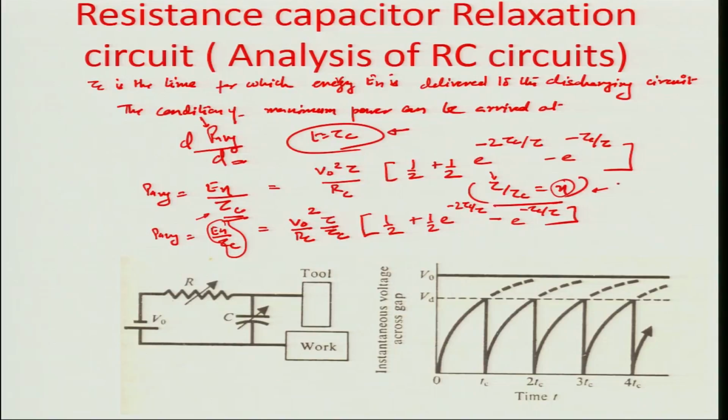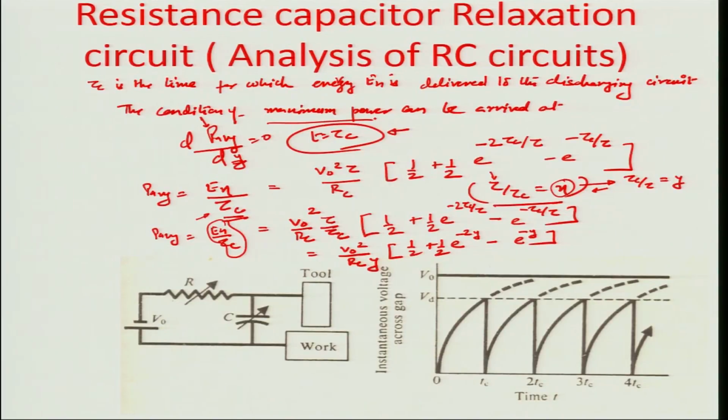So we consider again, the inverse of this, tau c by tau, to be some function y. So I have V0 square by Rc times of y times of half plus 1/2 e to the power of minus twice y minus of e to the power of minus y, and we can actually differentiate with respect to y and equate it to 0 for the maximum power transfer condition.